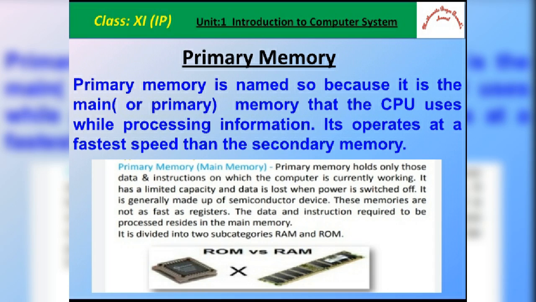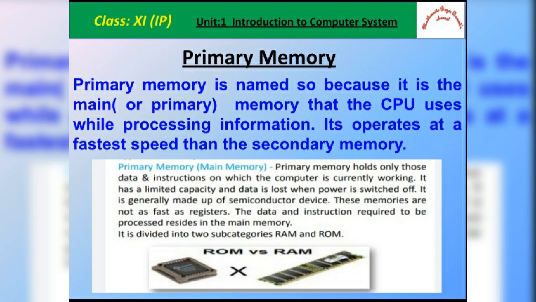RAM is named so because information stored on it can be accessed in any order, randomly. Information stored in RAM may be written over or erased. It means it is a temporary memory, it is erasable. When the power supply is switched off or interrupted, the information stored in RAM is lost.